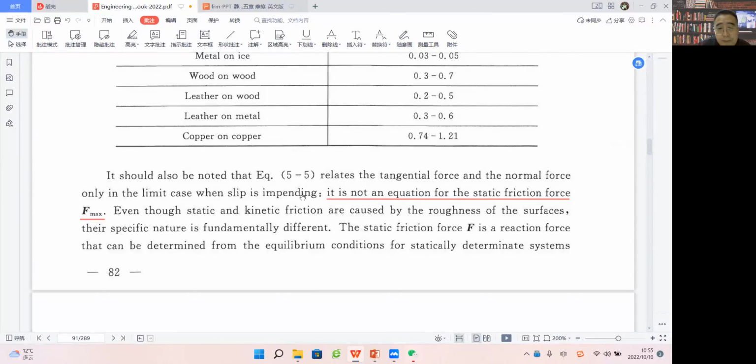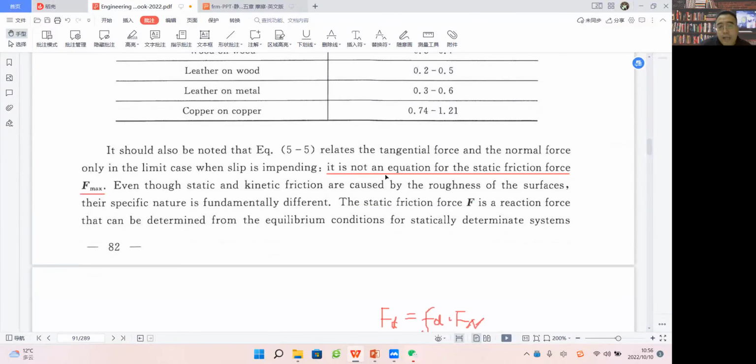It will happen, but not happen yet. Maybe I cannot express that in English very clearly, but I hope you guys can understand. It is at the critical point. It is not an equation for the static friction force in general, only for F max.